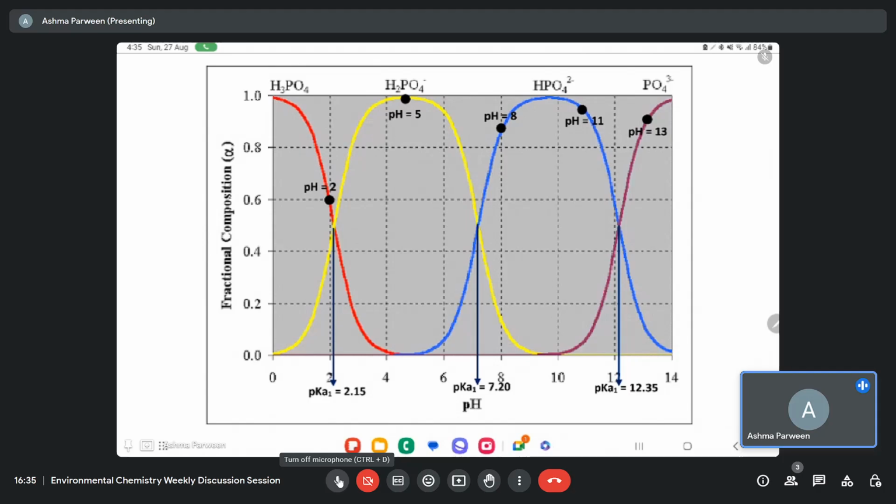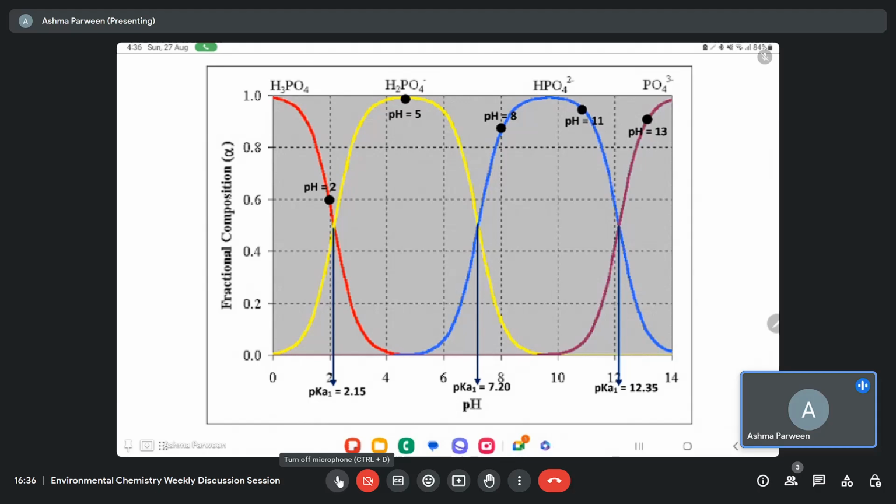We can see that we have been given pH 2 and pKa1 is 2.15. So the red line shows H3PO4 is the dominant form. And as the second pH is 5, it shows that H2PO4 minus is the dominant form. And again at pH 8, HPO4 2 minus is the dominant form. Also at pH 11. And from this graph, we can see that at pH 13, PO4 3 minus is the dominant form.